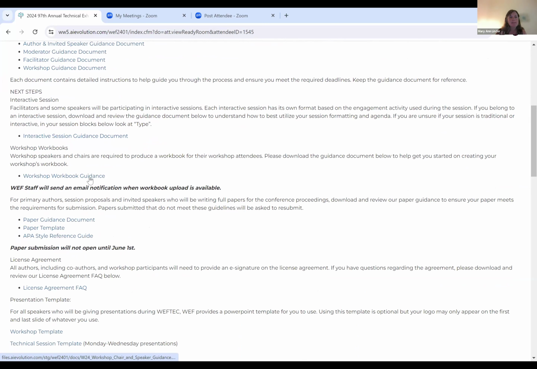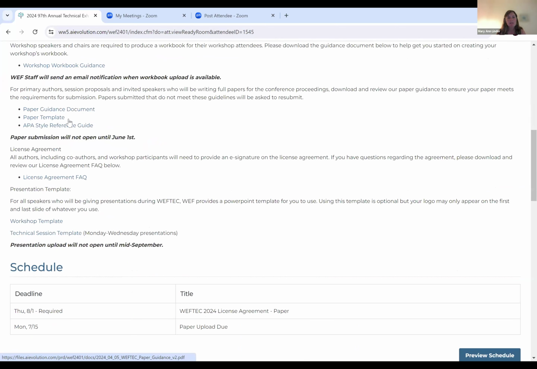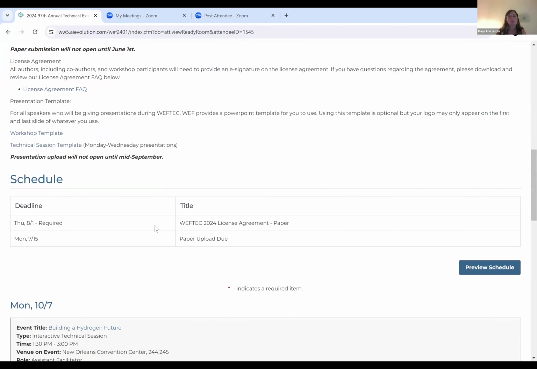That's for workshops. Here's our papers information right now, license FAQ, and then we're already getting questions. Here is the workshop and then the session PowerPoint template. These are optional, not required, but highly recommended for people to use.